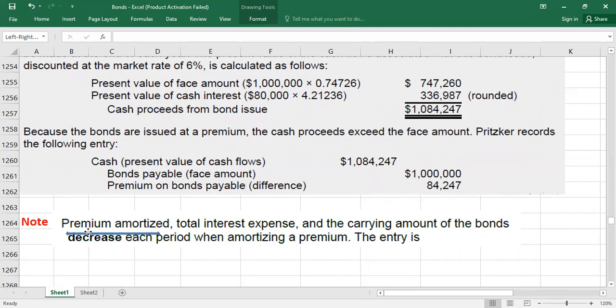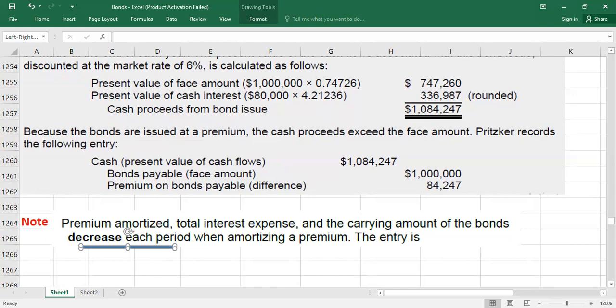Here we have a note, please don't forget: if you amortize the premium, the total interest expense and the carrying amount of the bonds decrease each period. When you amortize the premium, your bond's carrying value will decrease over the bond's life. Don't forget, and we will see what entries we will pass for this.